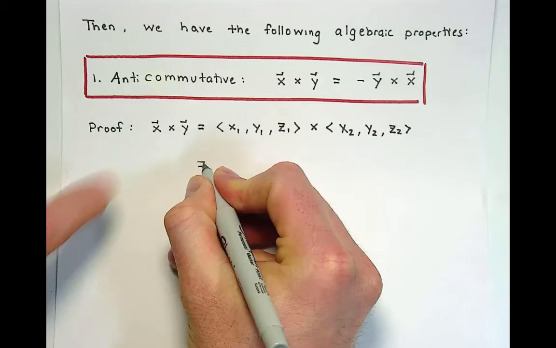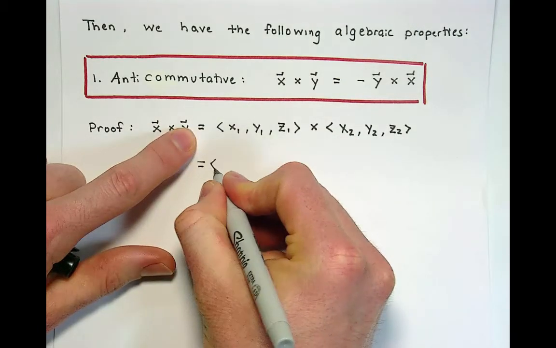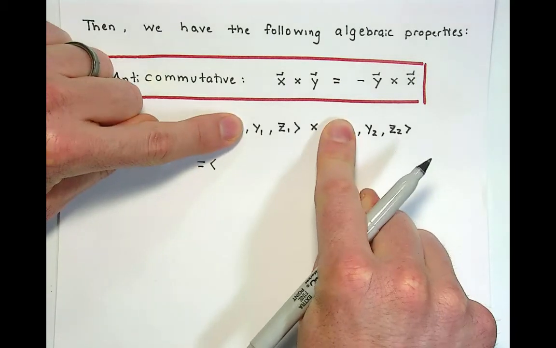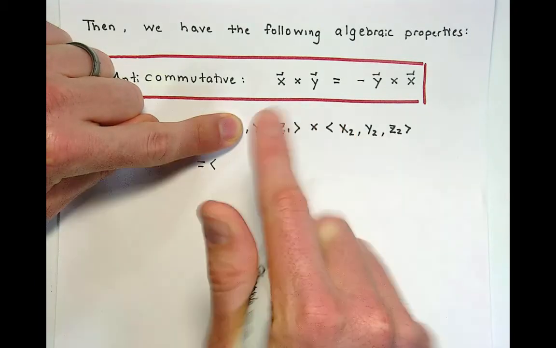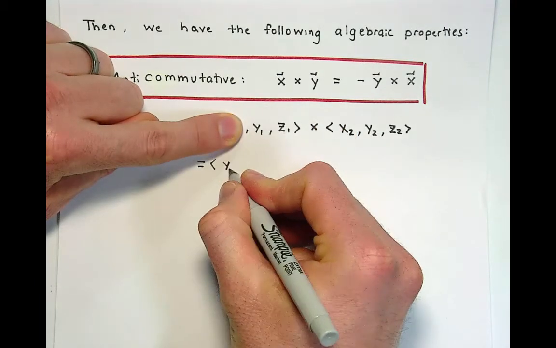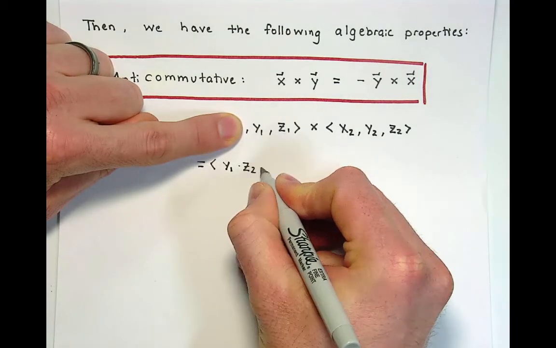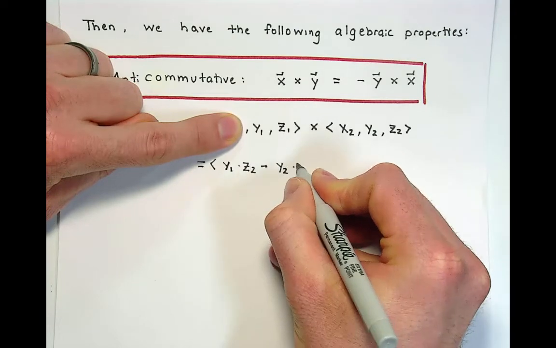So here we have x cross y is going to be given by this. We saw that we can actually get the component form. Each component is given by canceling out that. So the first component, cancel out the x's, and then take the area of the parallelogram, which is y1 z2 minus y2 z1.